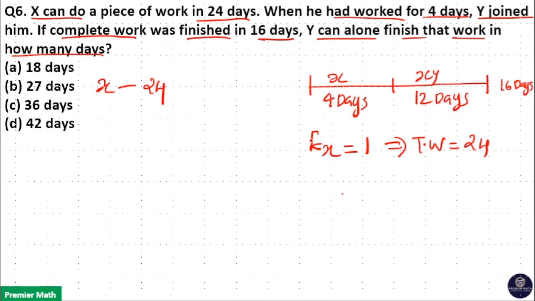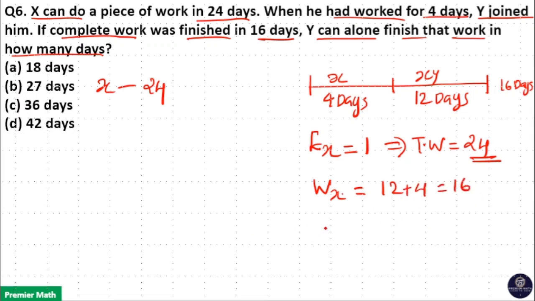If efficiency of X is 1, then total work will be 24 into 1, 24. So here X worked for how many days? 12 plus 4, 16 days. So work completed by X is equal to 12 plus 4, 16 units.